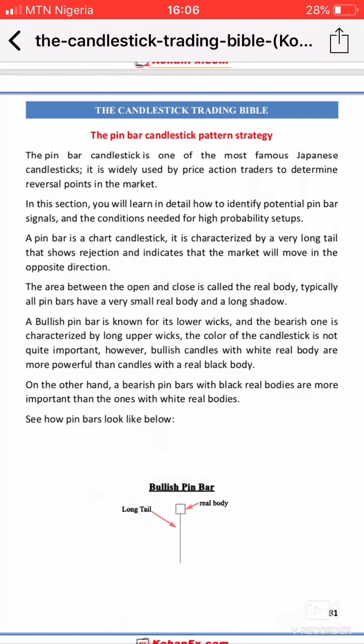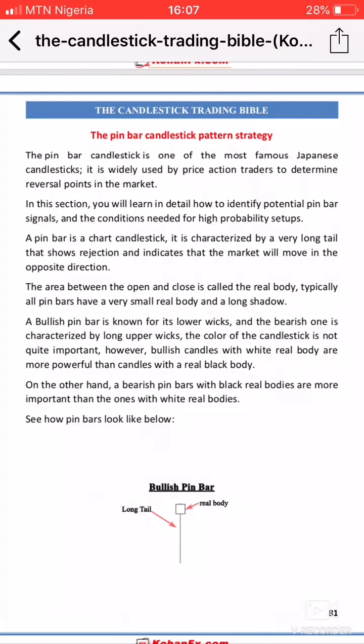A bullish pin bar is known for its long lower wicks, and the bearish one is characterized by long upper wicks. The color of the candlestick is not quite important. However, bullish candles with a green real body are more powerful than candles with a red real body.